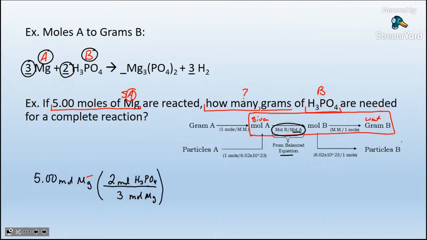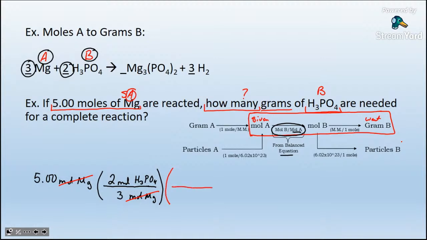And just like I've mentioned in previous videos when we were doing mole conversions, I could solve this right now and get an answer. Okay, this would be that 3.33 moles H3PO4 that we found in the previous problem. But instead of typing this into my calculator, hitting enter, and then having to start a second problem for the second step, I go on and string these together.